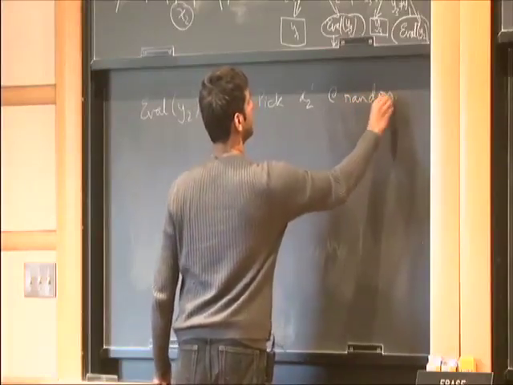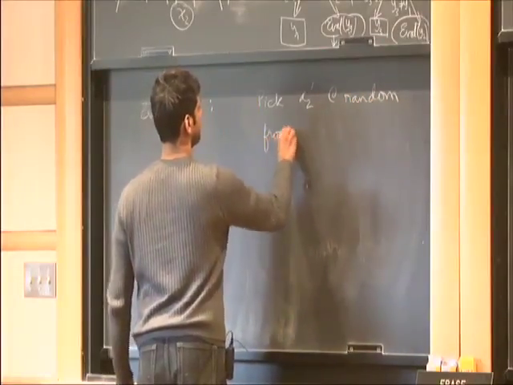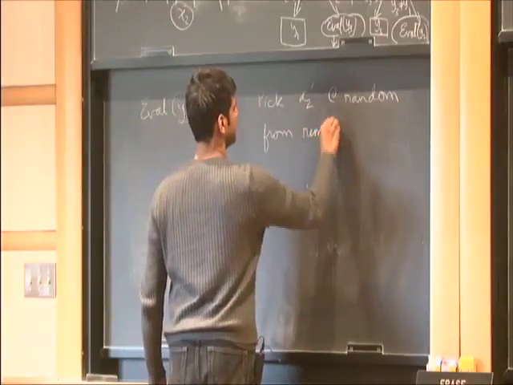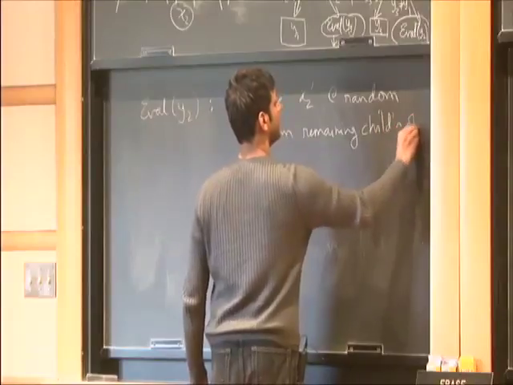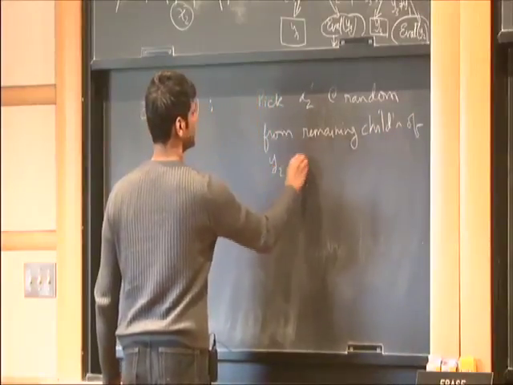So you pick at random from the remaining children of y2.